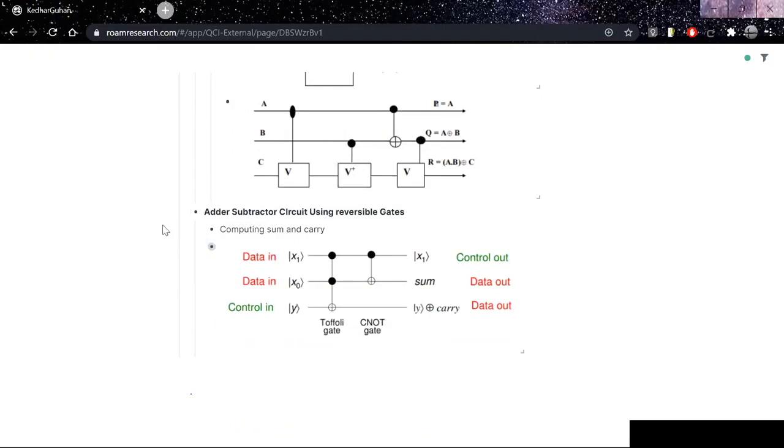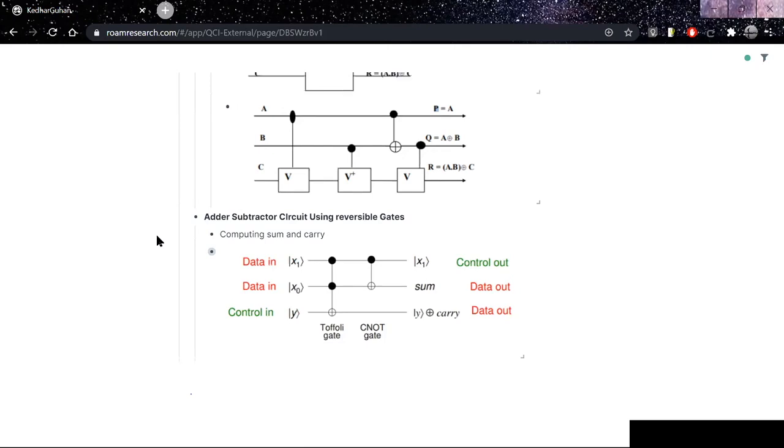All right, coming to the end of it, I just wanted to show a small function that we are familiar with, the half adder, the most basic one. This is simply done with two gates, a Toffoli and a CNOT gate, and the Toffoli is again broken down into smaller gates.